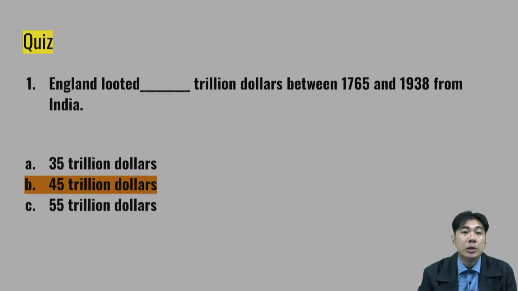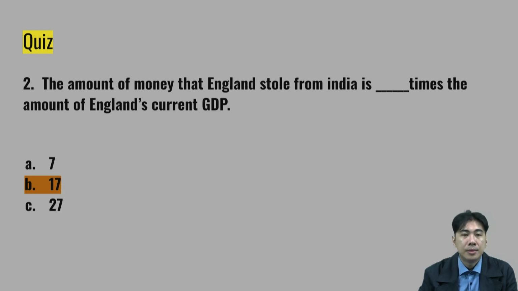1 is England looted $45 trillion between 1765 and 1938 from India. A lot of money. Okay, this is why India became poor, England became rich. So the answer is B, $45 trillion. 2, the amount of money that England stole from India is 17 times the amount of England's current GDP.